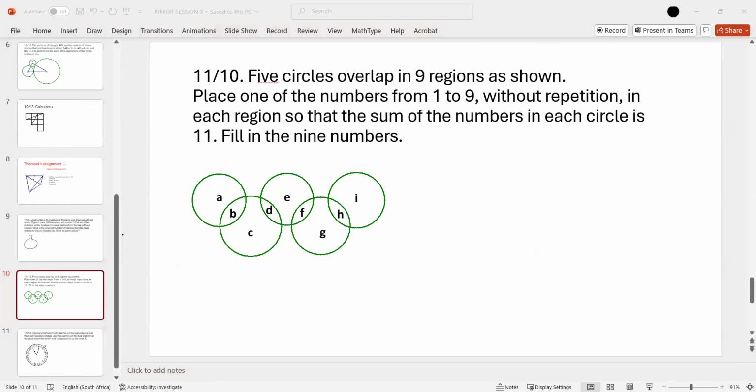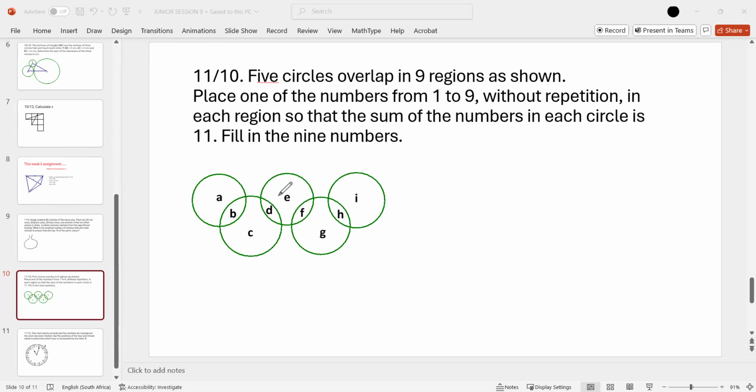Okay, you've got 5 circles overlapping in 9 regions. You've got these 5 circles which look like the Olympiad insignia, I think. They overlap like this. Now you want to place one of the numbers from 1 to 9 without repetition in each region.